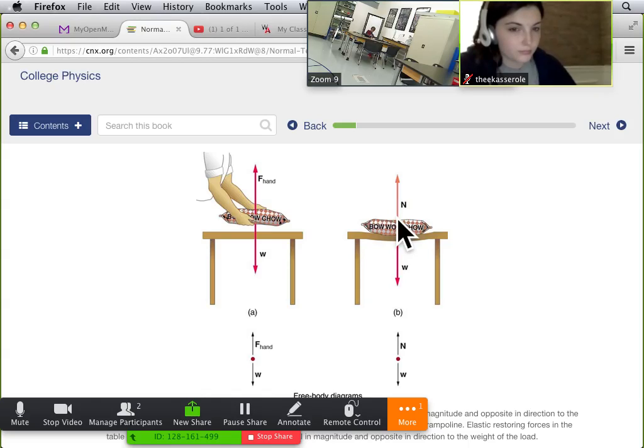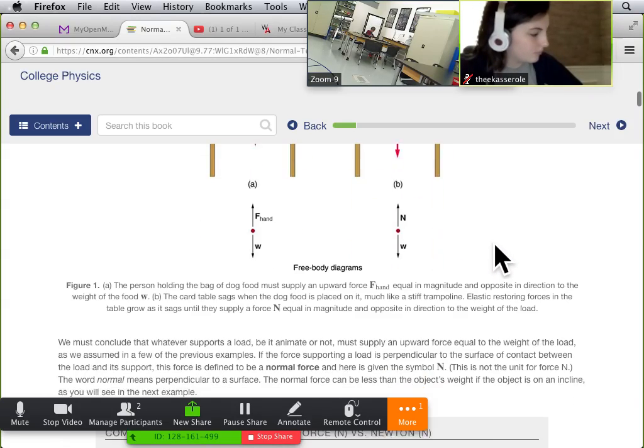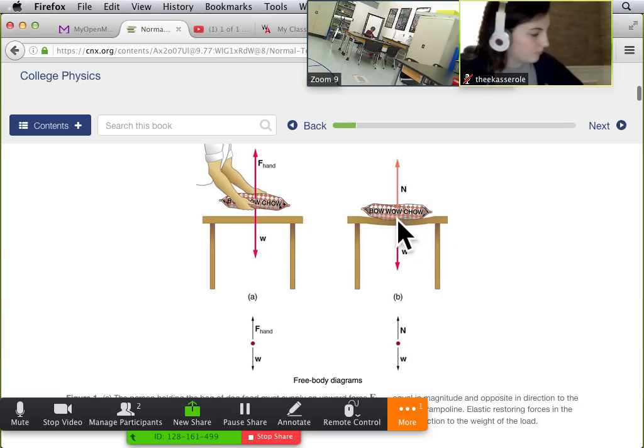So they're different. They're the same forces, but they feel them differently. They experience them differently, I guess is what you have to say. The bag pushes down on the table, the table pushes up on the bag, and so on and so forth. In this particular case, the bag is feeling the weight from the earth.